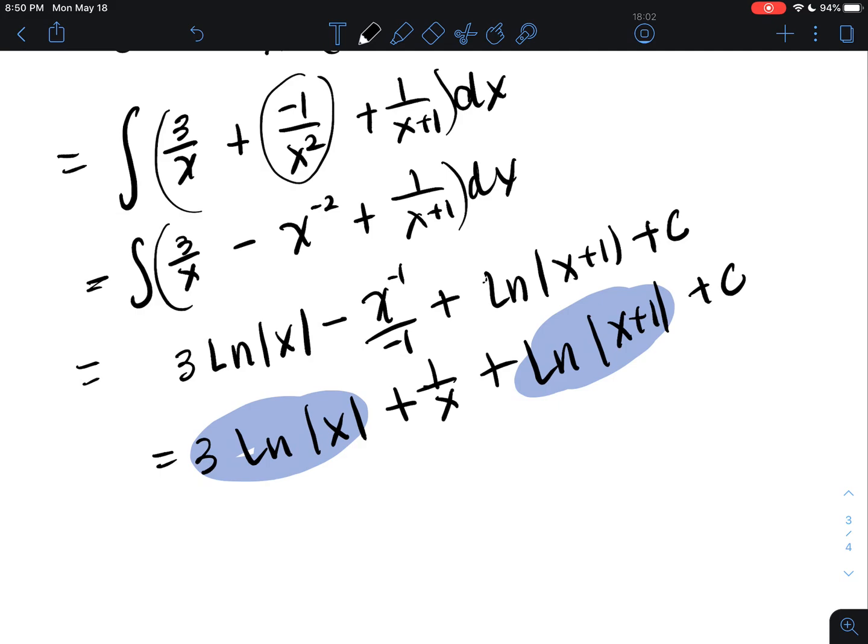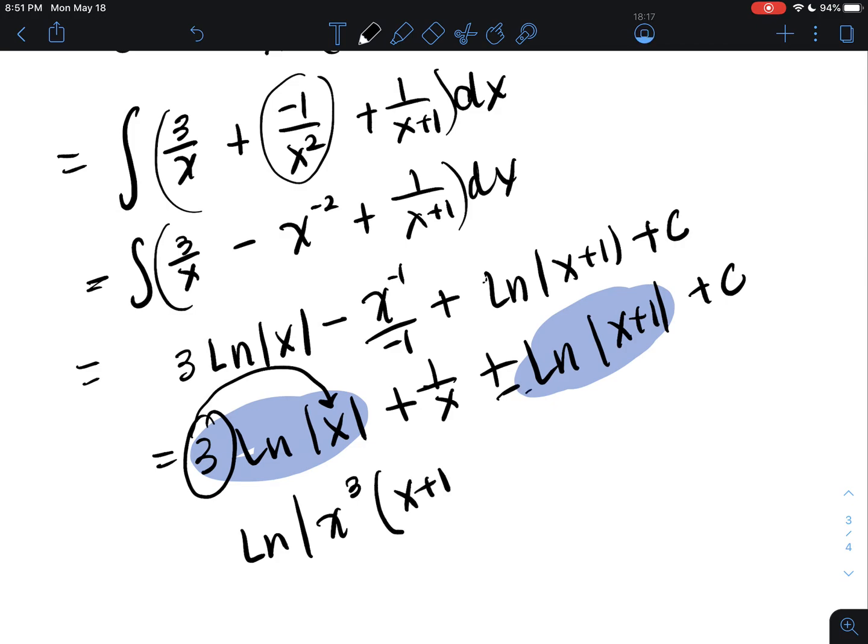But first I'm going to take care of this 3. What has happened to the 3? Well, it becomes the exponent. So I'm going to have the natural log of the absolute value of x cubed times, the addition rule says to multiply, x plus 1 absolute value, plus 1 over x plus c.